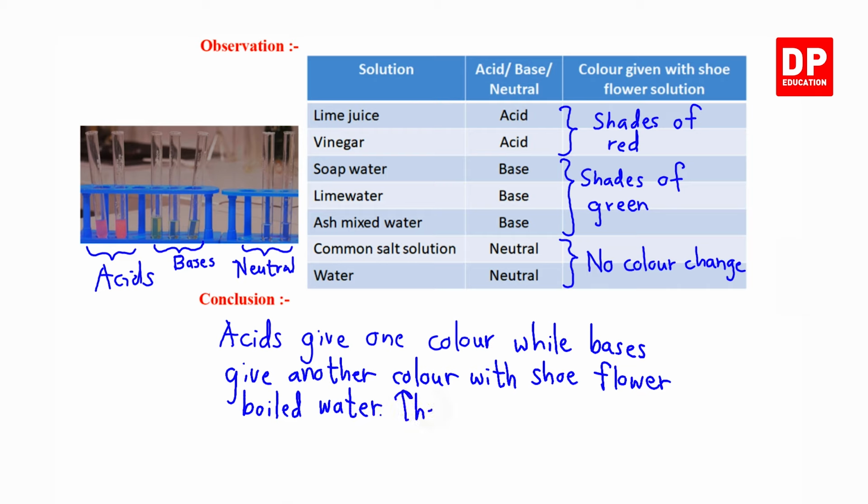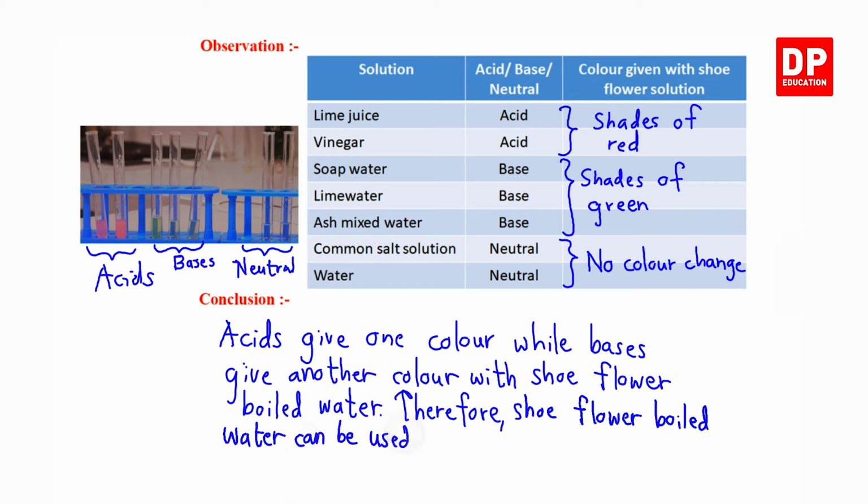Therefore, shoe flower boiled water can be used to identify acids, bases and neutral substances.